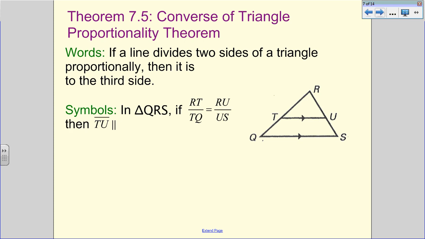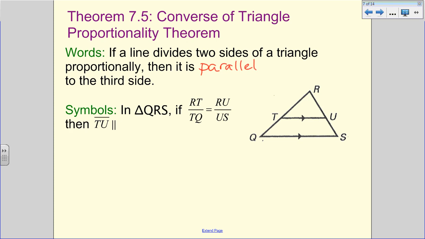Now we have this converse. So what we're going to do is if I can find equal ratios, then we're going to say that the segments are parallel. So in words, what this means is if a line divides 2 sides of the triangle proportionally, then it is parallel to the third side.